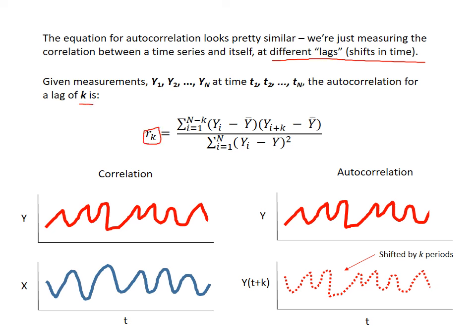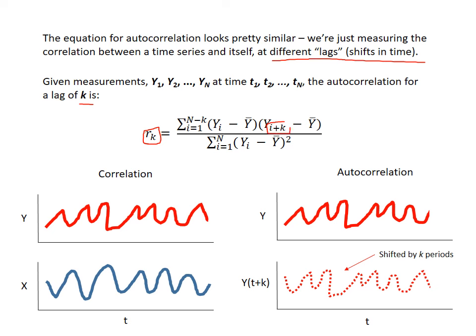the autocorrelation for a lag k looks kind of similar, right? So you're taking the sum for each sample you have between y at time period i minus the mean of y times the y at time period i plus k here, right?